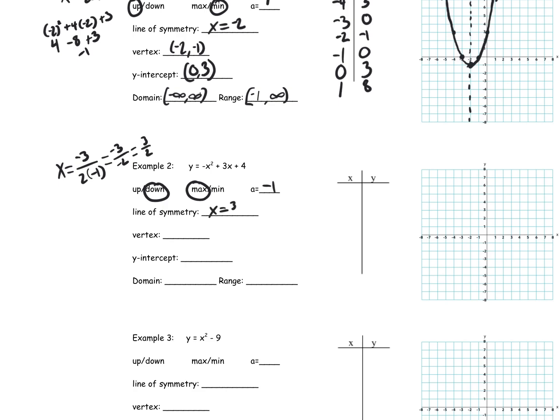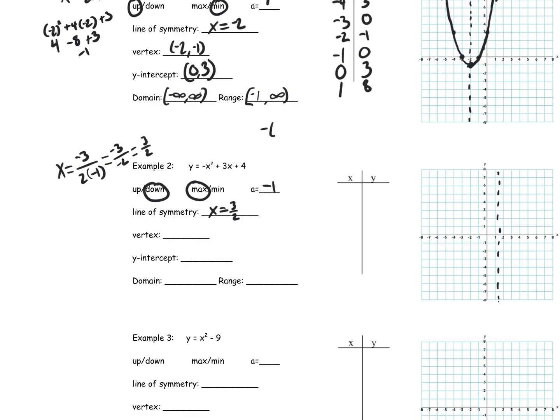So we'd say x equals 3 halves, and we can go ahead and plot that line. It's going to go through halfway between the 1 and the 2 there. That's 1 1/2, 3 halves. So for our vertex, we're going to plug 3 halves into our function.